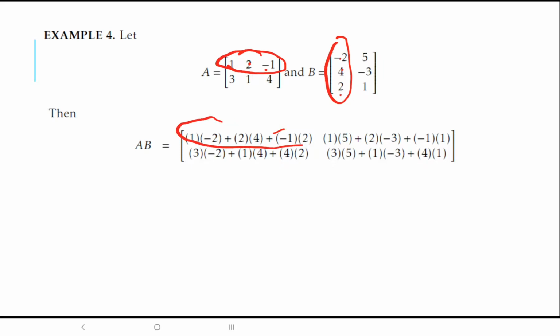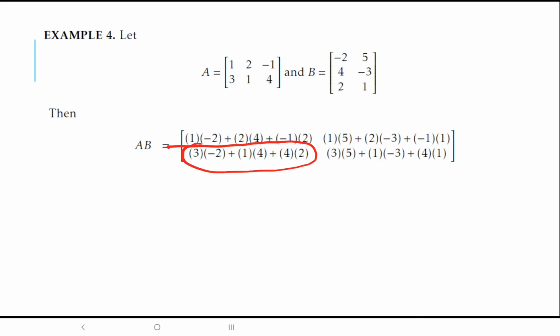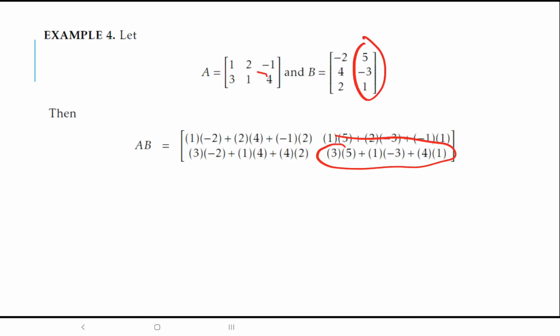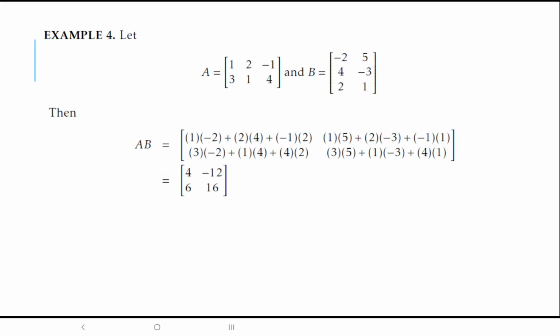Kung kukunin naman natin yung second, idadot product natin ito sa transpose nito. Similarly, to get this element, kailangan natin i-dot product ito, tapos ito. And then next, to get this one, dot product natin ito, tapos ito.